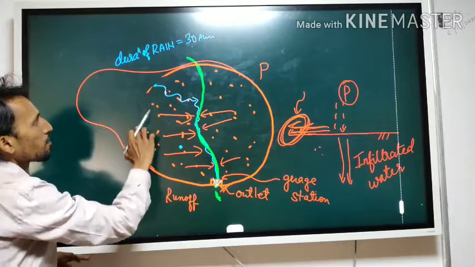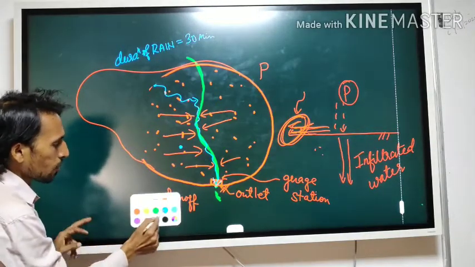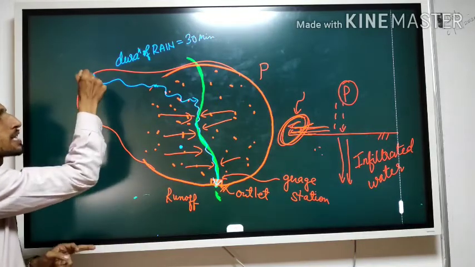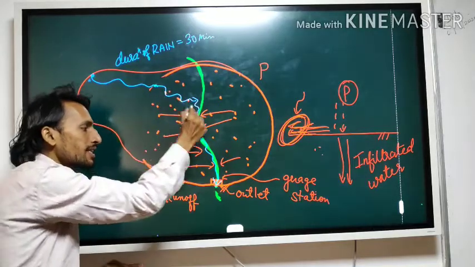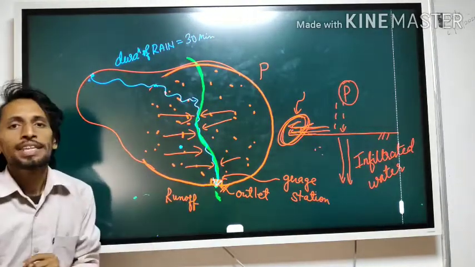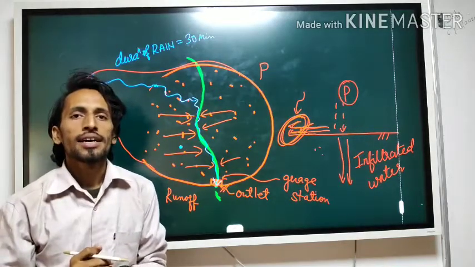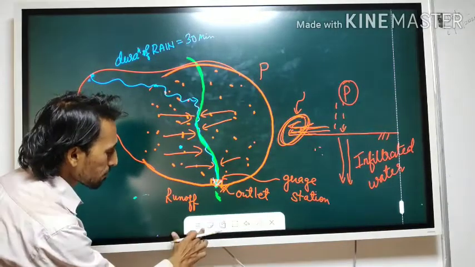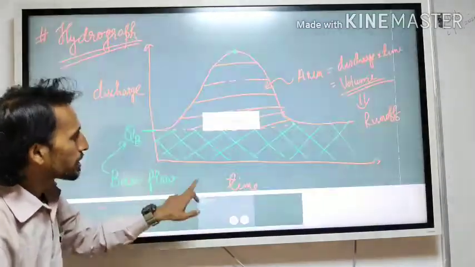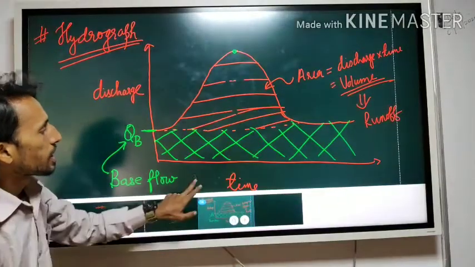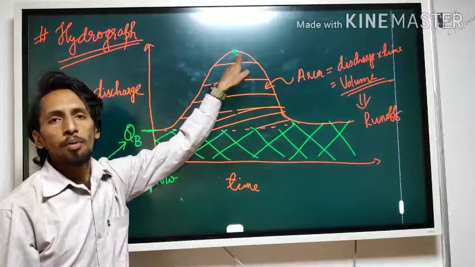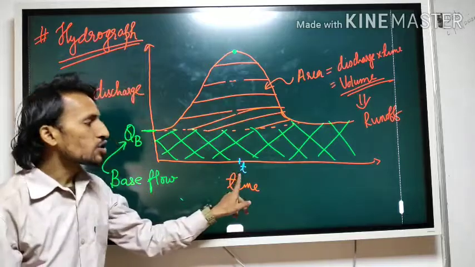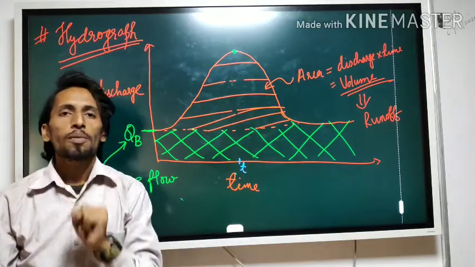So if this kind of catchment area is there, and some rainfall is happening here, the water that is falling here will take the longest time to reach here, and this time can be greater than your duration of rainfall, which also means that this particular time is not when the rainfall stops.